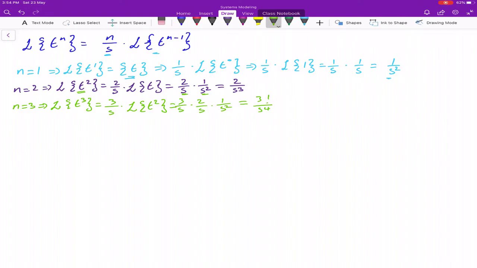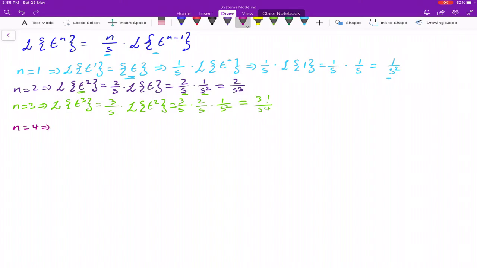Now we can see a pattern that is coming. We had 1 on top, we have 2 on top, we have 3 on top. Maybe if n is equal to 4, we're going to have 4 on top, 5, etc. Let's try 4, and we can conclude from there. What if n is equal to 4?